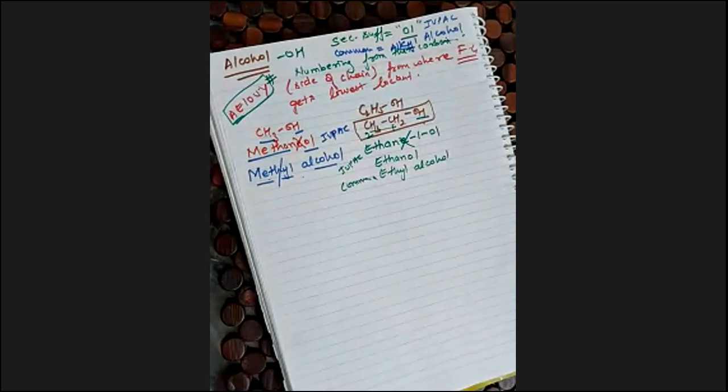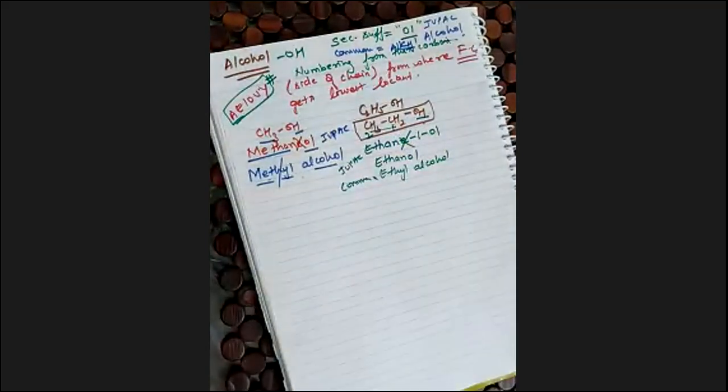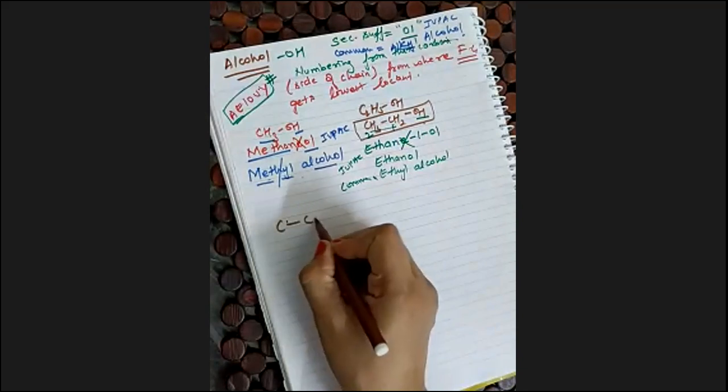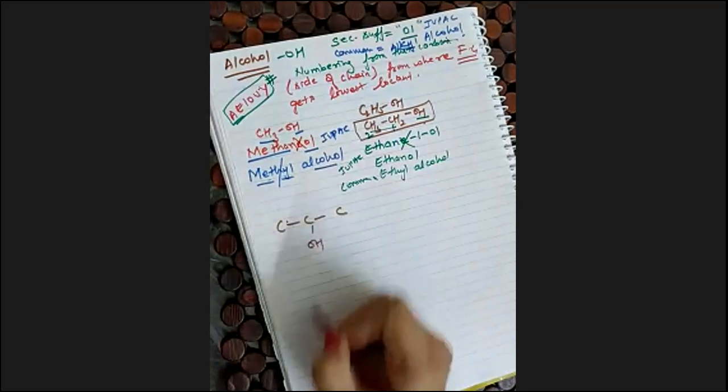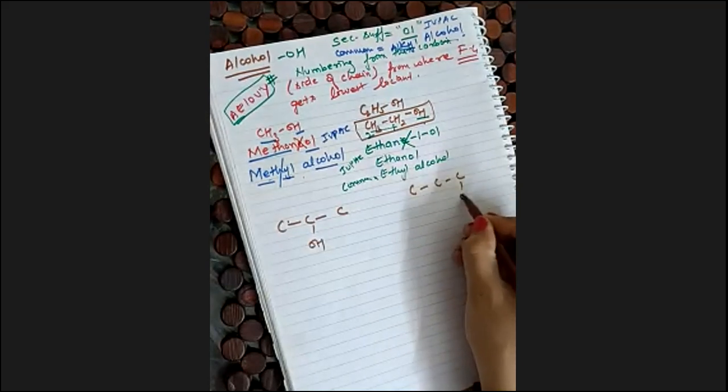But sometimes instead of attaching OH on the sides, they attach the OH in between. So for example, if we have carbon, carbon, carbon, OH, and carbon, carbon, carbon, and OH.